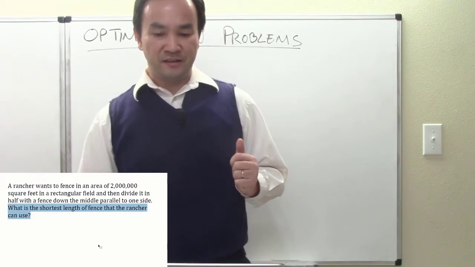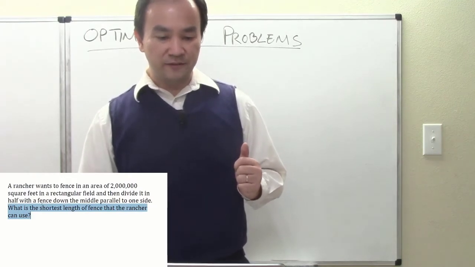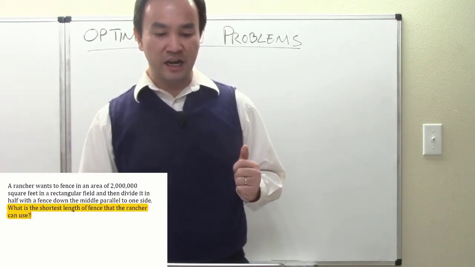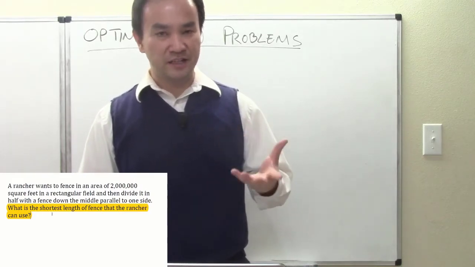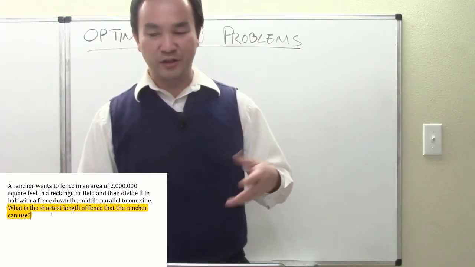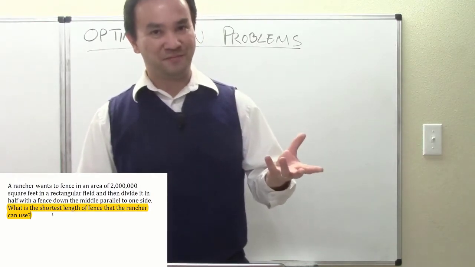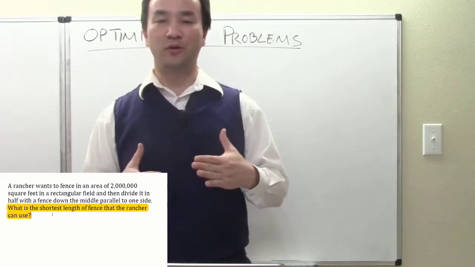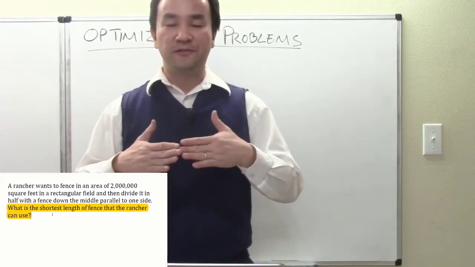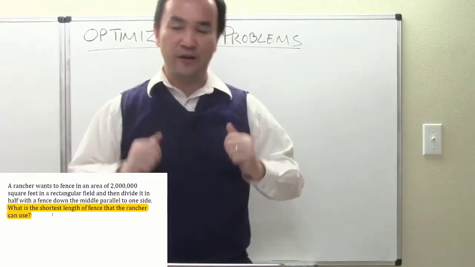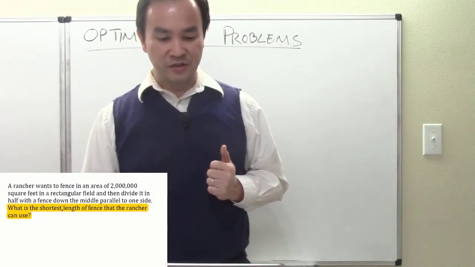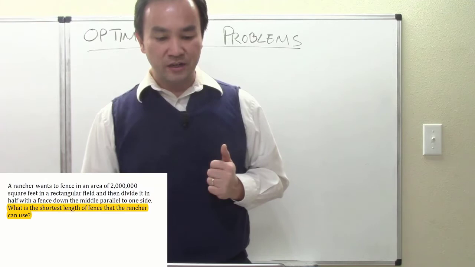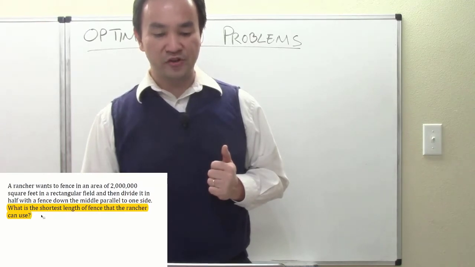The question itself is looking for the shortest length of the fence that the ranger can use. Now we have identified our objective, because we have to at least know what we are trying to find a maximum or a minimum value of. Our objective here is to find the shortest length of fence that the ranger can use.